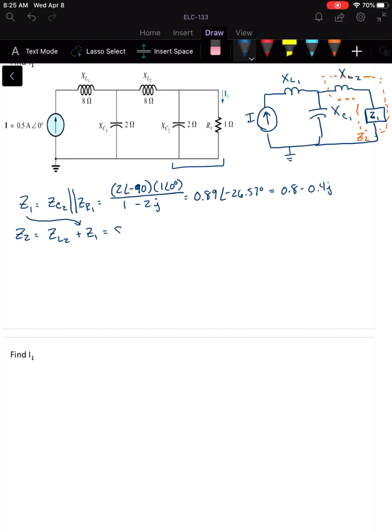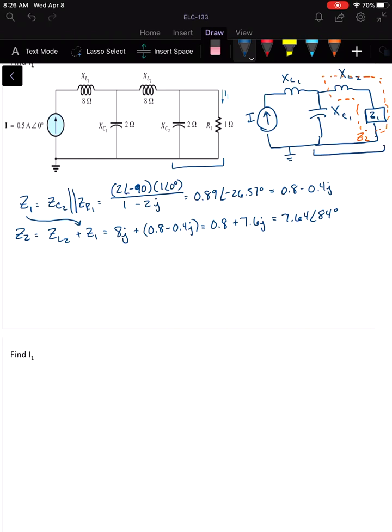So if I add my 8J to 0.8 minus 0.4J, I get 0.8 plus 7.6J. Or if you want the polar form for that, it should be 7.64 at 84 degrees. All right.